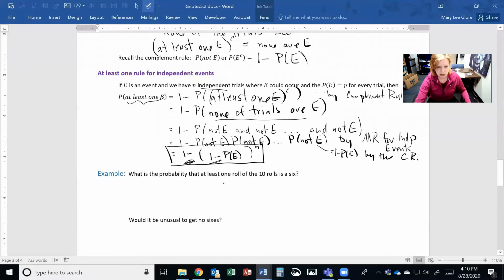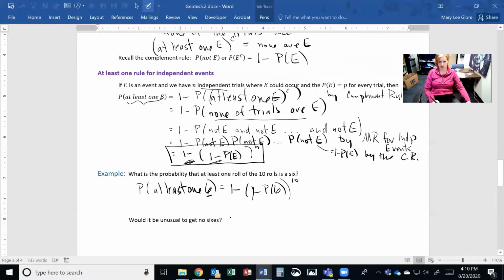So what is the probability that at least one roll of 10 rolls is a 6? All right, so the probability of at least one 6 in 10 rolls is going to be 1 minus (1 minus the probability of this guy) to the 10th power.